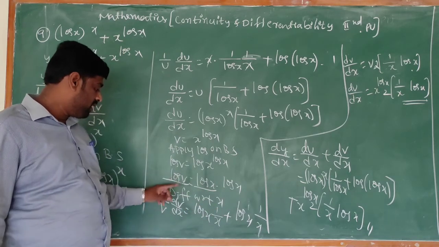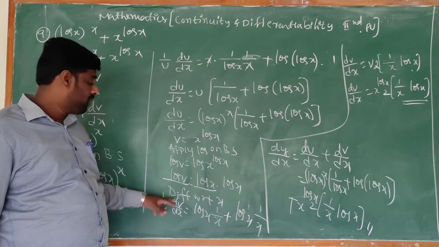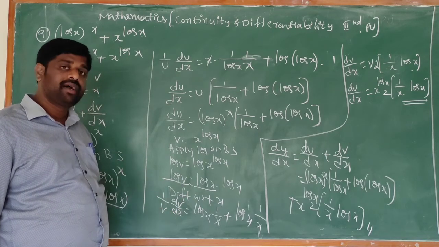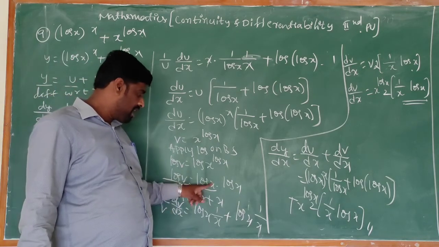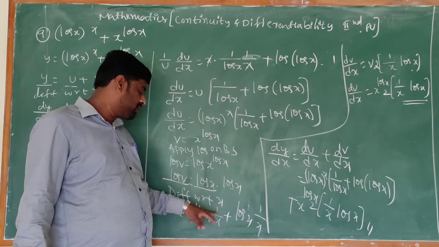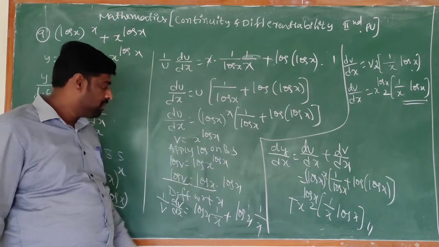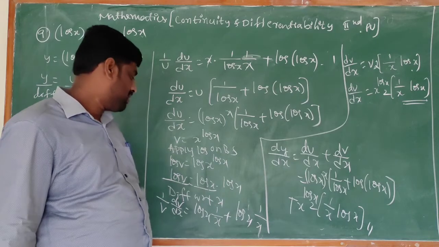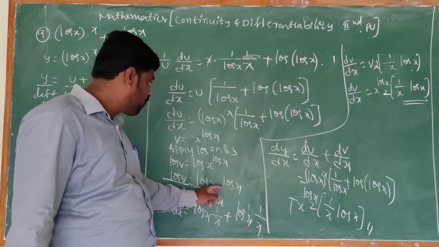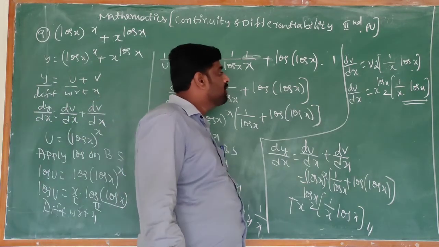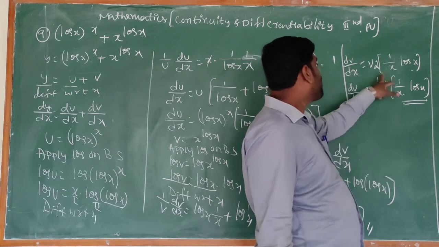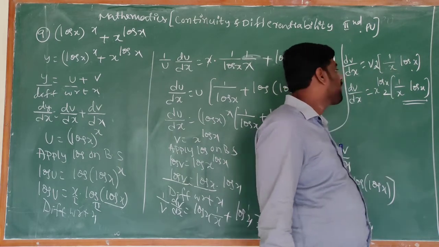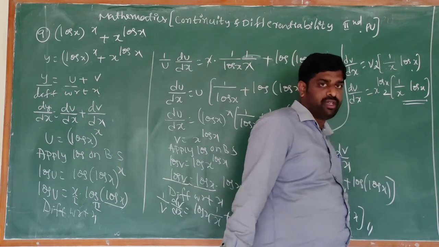So log v differentiation is 1 by v, v differentiation is dv by dx. So now log x as it is, log x differentiation is 1 by x, plus log x as it is, log x differentiation is 1 by x. And this v shifts to the RHS, dv by dx is equal to v into 2 times 1 by x into log x. And again substitute v.